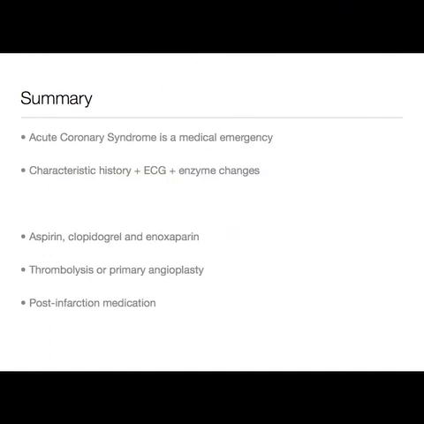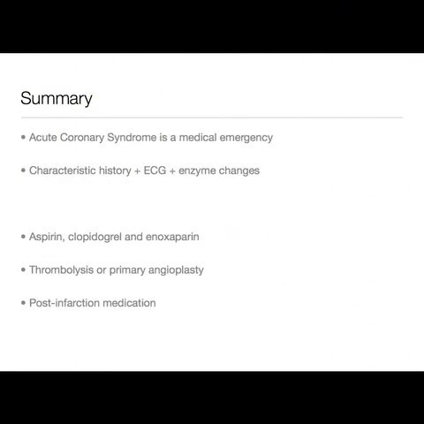Right, so in summary, acute coronary syndrome is a medical emergency that encompasses unstable angina, ST elevation, and non-ST elevation myocardial infarction. It is well described by the characteristic history, together with expected ECG changes and blood rises in cardiac enzymes. Treatment should always include aspirin, clopidogrel, and enoxaparin, together with GTN and morphine pain relief.